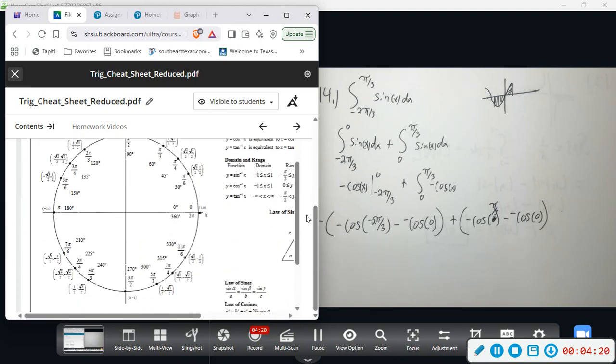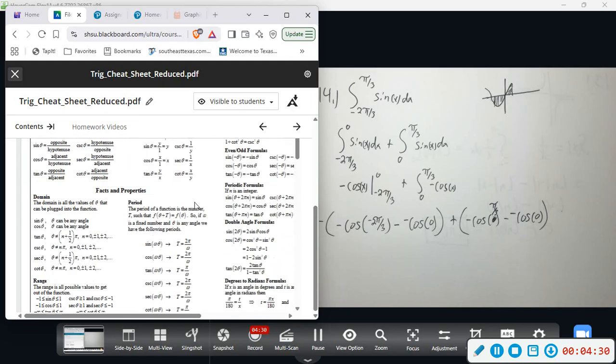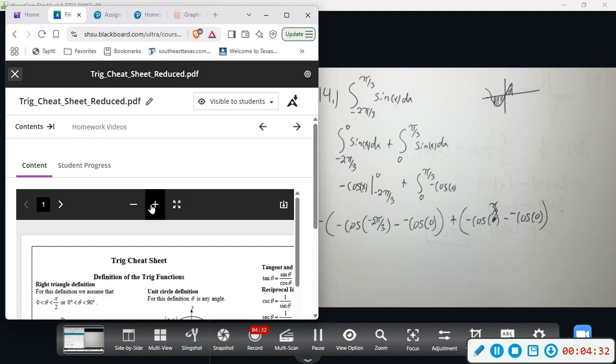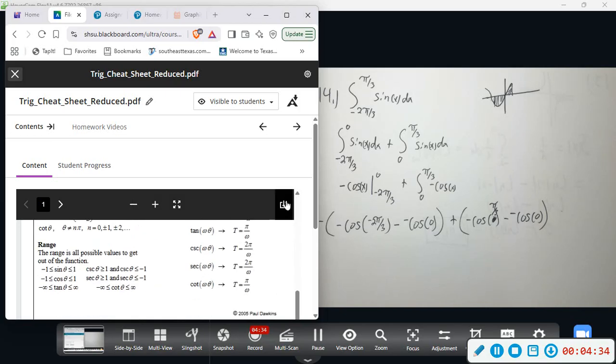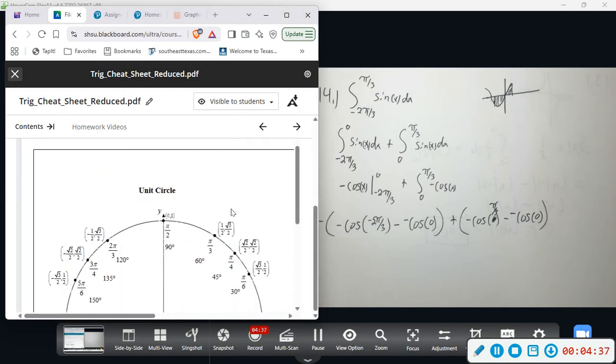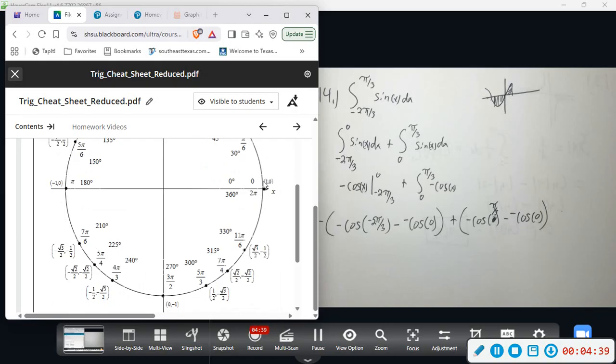All right, so cosine is the x coordinate. So when we're looking at cosine of 0, here is the angle 0. We're looking at the ordered pair, which is kind of hard to see here still. Let me see how much I can zoom in and still be able to see this. All right, so the ordered pair 1, 0, the x coordinate is 1.